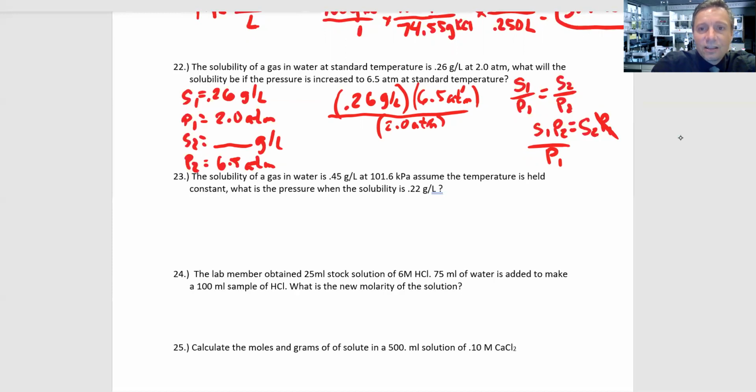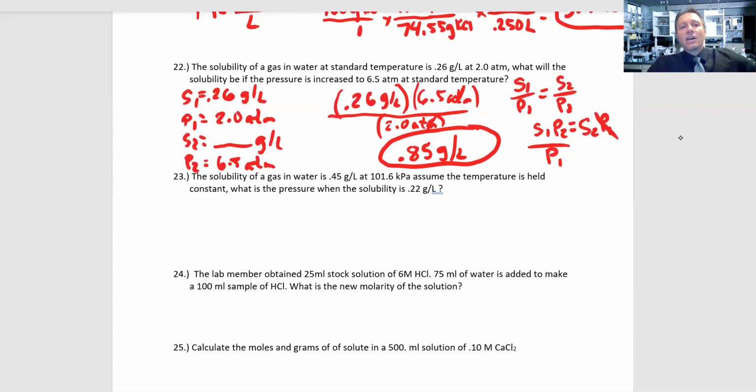Atmospheres cancels, and that leaves me in grams per liter, which is what I'm solving for. So let's solve this out real quick. 0.26 times 6.5 and divide that by 2. All right, so now I must have two significant figures. So it is 0.85 grams per liter, and that is my answer.